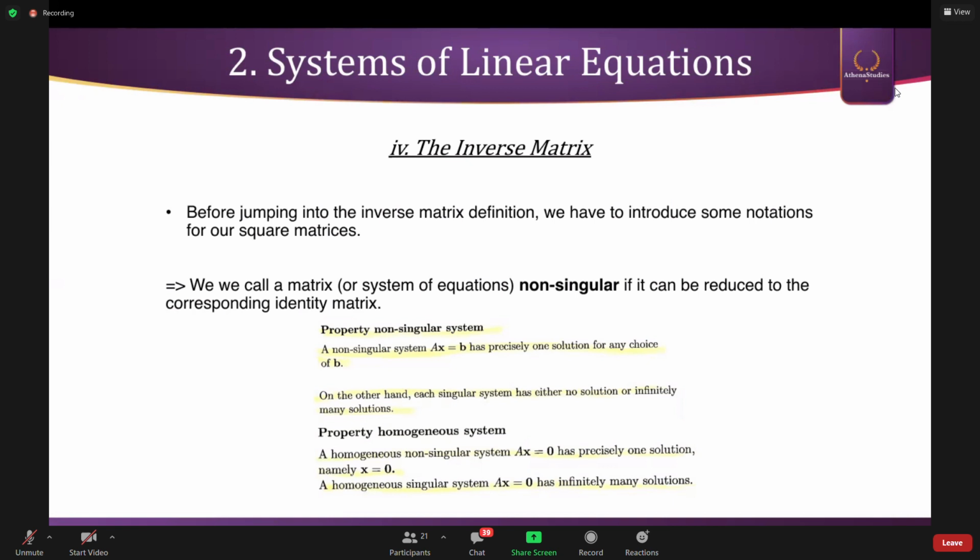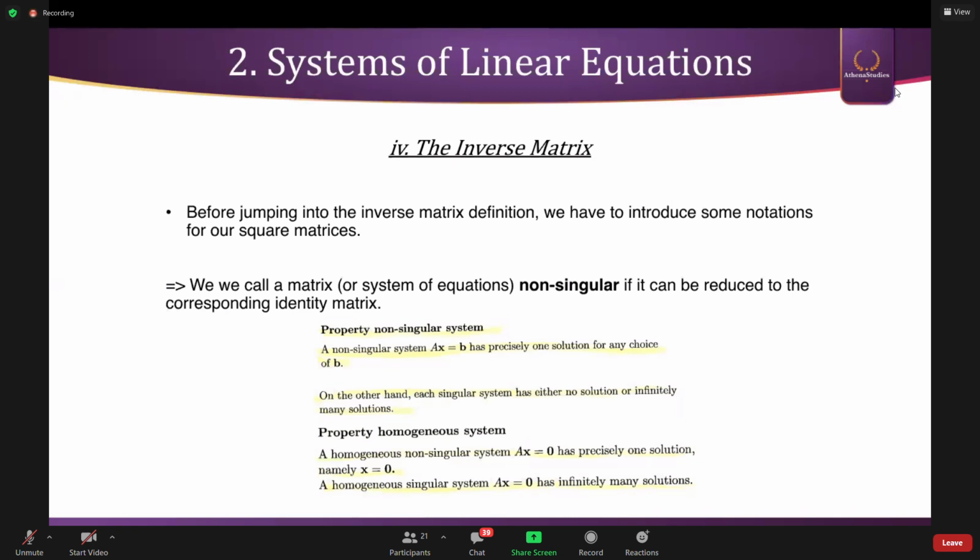Therefore, a matrix will be called non-singular when I will be able to reduce it through the row reduction procedure into an identity matrix. Maybe you're now going to ask me, but how do we reduce a matrix using the row reduction procedure? Well, remember that the matrix represents the rectangular representation of the coefficients of the system. Therefore, I can actually apply row reduction both on the matrix and on the actual system, because nothing really changes.